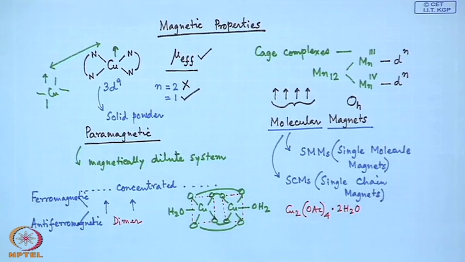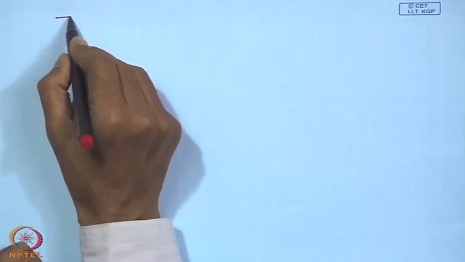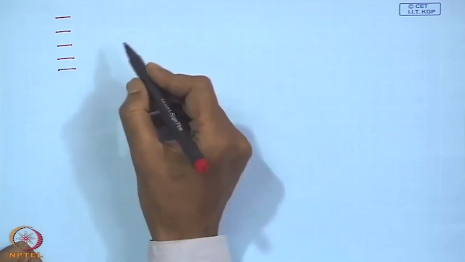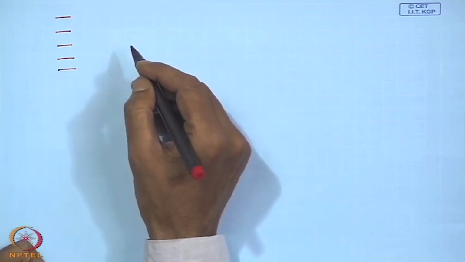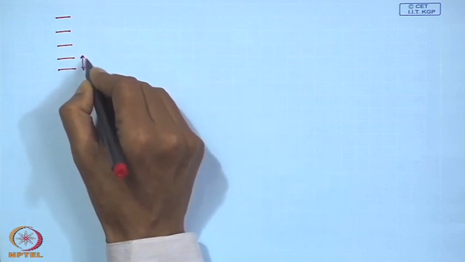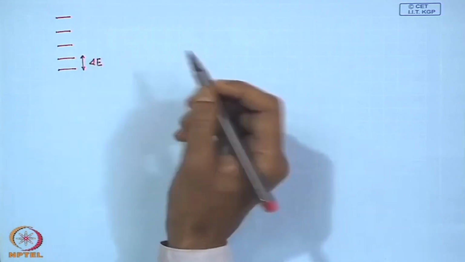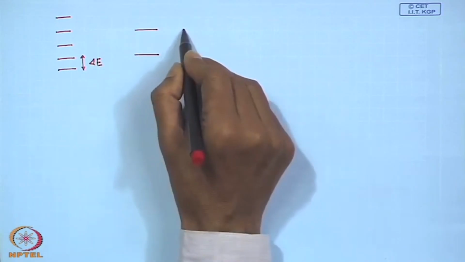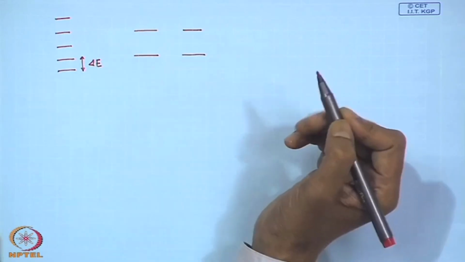So how we can determine all these things basically depends on the different energy levels for these systems. So if we can have several energy levels for a particular structure of this electron distribution, and if they are separated by some energy value, say delta E, and we can have two such levels, so we can have two options for these two unpaired electrons on the two copper centers.